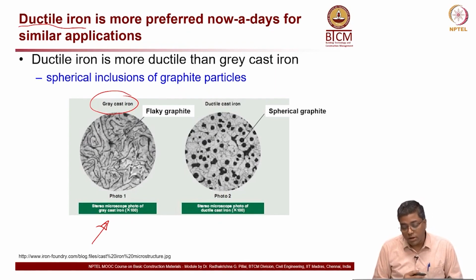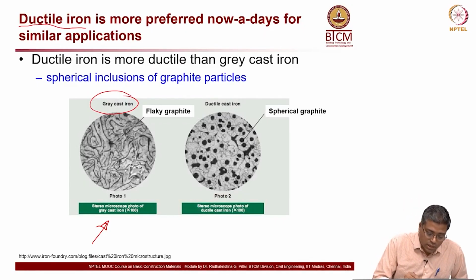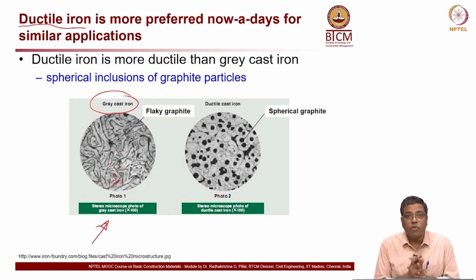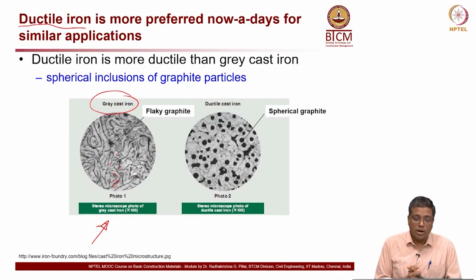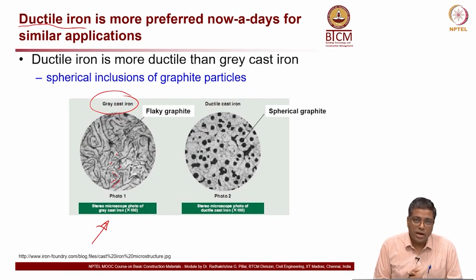We covered this earlier in the module on nature of materials, but let us look again. Imagine when there is a crack formation along those flaky black graphite: stress concentration will happen and the crack will propagate very fast.